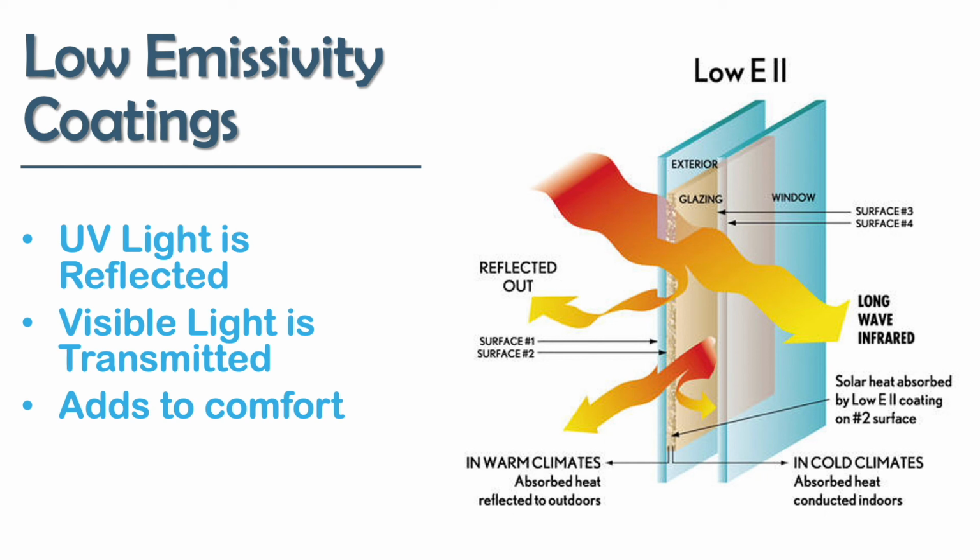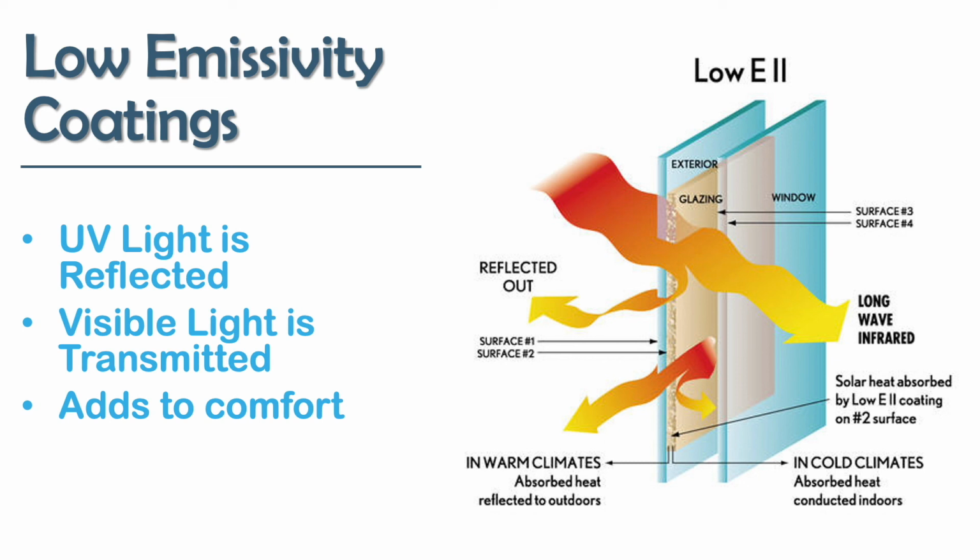It has to do with what our goals are. If we see at the bottom, in warm climates, we want our heat to be reflected to the outdoors, and in cold climates, we want the absorbed heat to be conducted indoors.